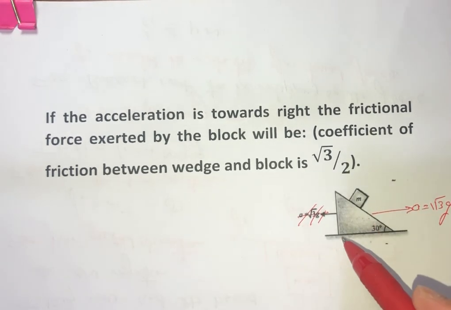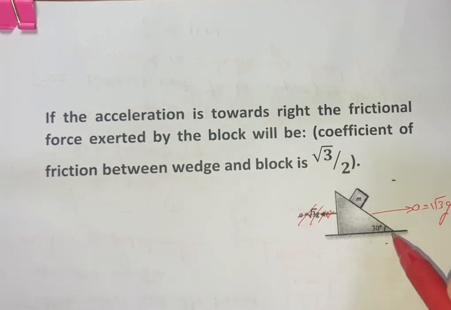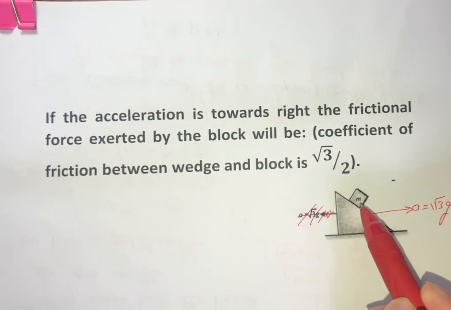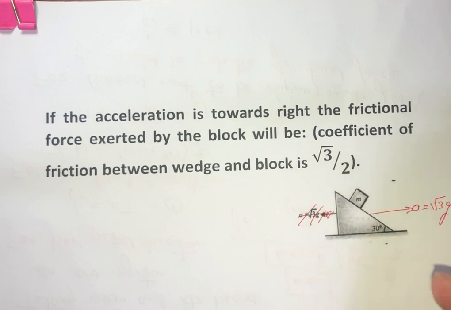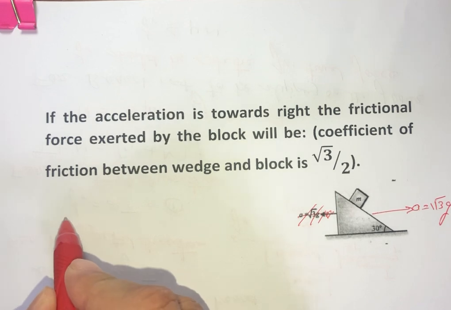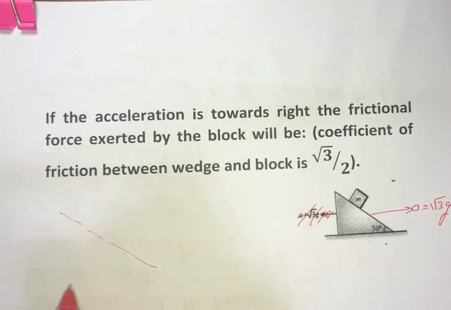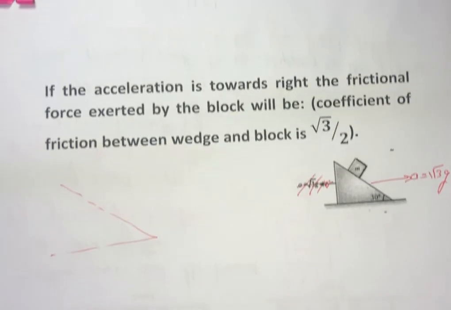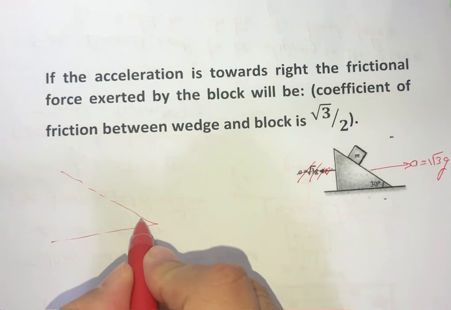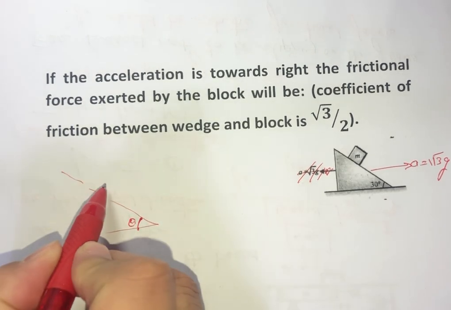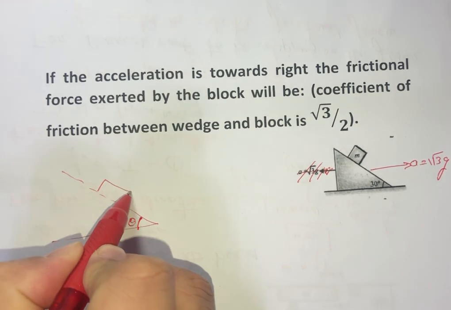So we have a wedge, and we have a small block whose mass is m, and we have to find out the force exerted by the block. So let's draw the free body diagram. Let us call this angle theta, and we have a block m.